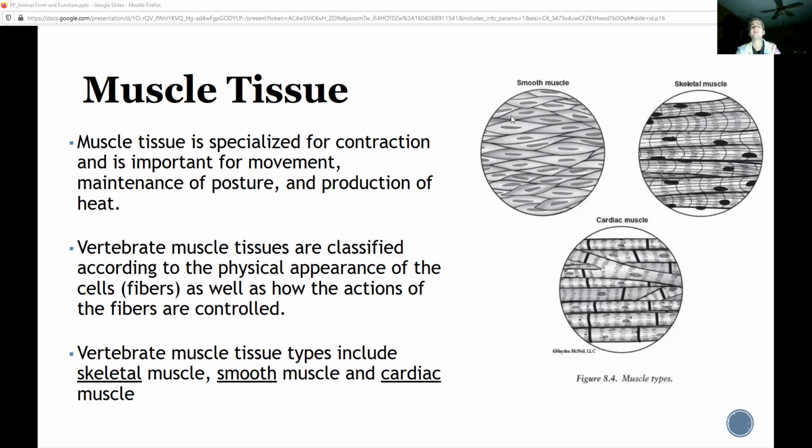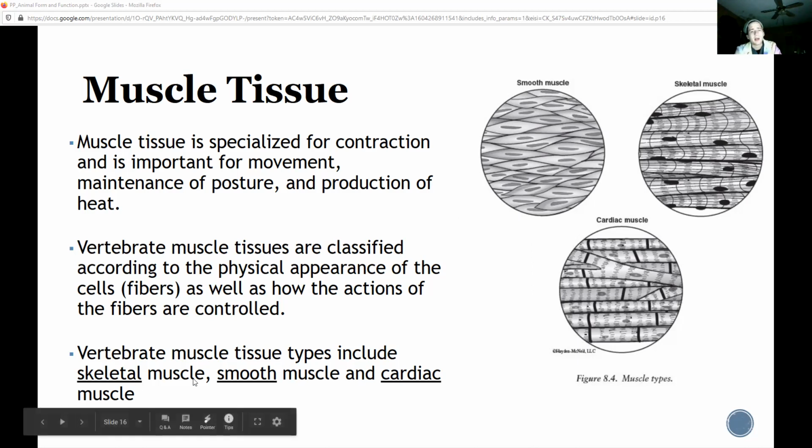In one of the previous videos, I showed some smooth muscle at low resolution in one of the intestinal tissue slides. Anyways, so our skeletal muscle over here, that's the one that's going to differ from our smooth muscle and the cardiac muscle in regards of how it is controlled.